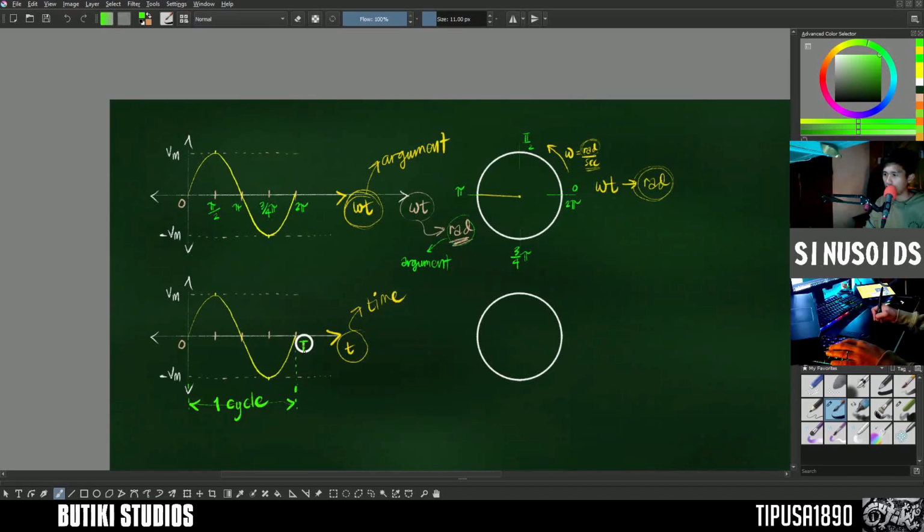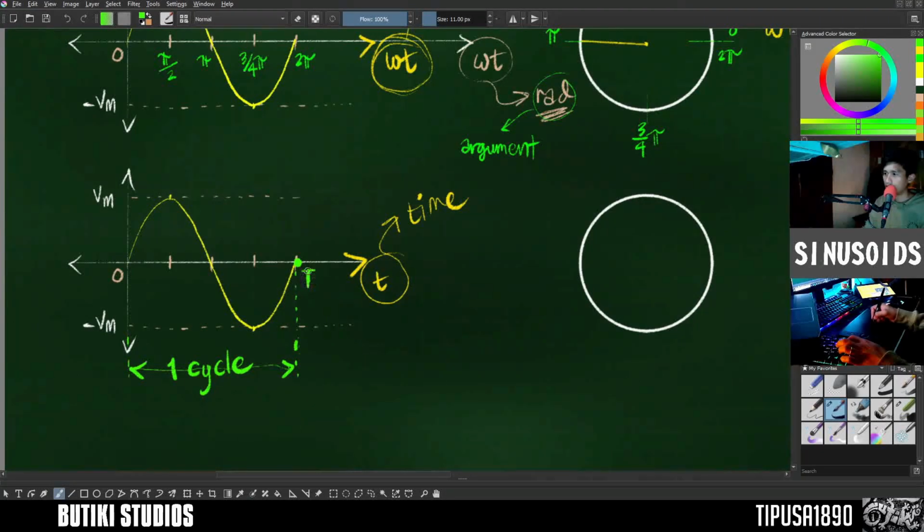That t there is different from this t, because this t is general, whatever time it is. But at this specific time, that capital T, that is what you call your period.